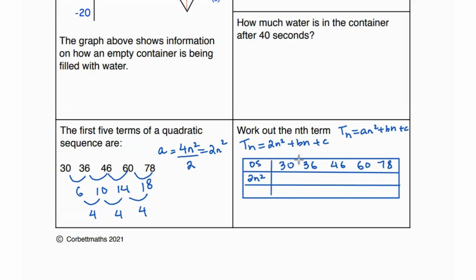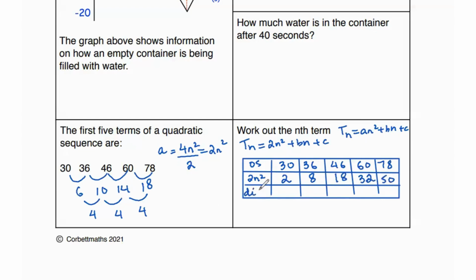Let's divide this into columns. So with 2n squared, 2 times 1 squared is 2, 2 times 2 squared is 8, 2 times 3 squared is 18, 2 times 4 squared is 32, and 2 times 5 squared is 50.